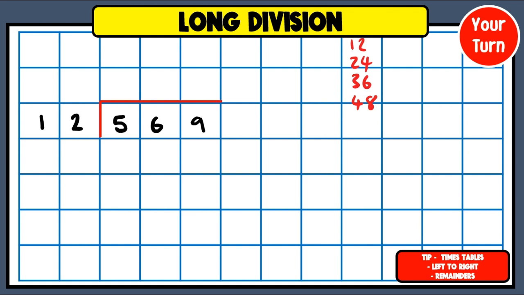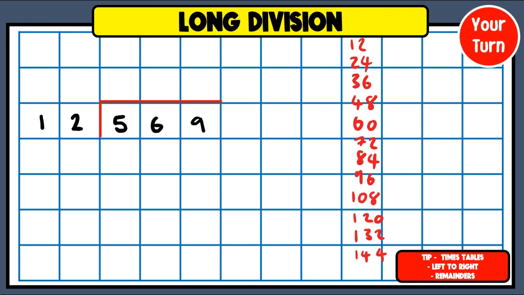If I keep going, I've got 60. 60 add 12 is 72. 72 add 12 is 84. 84 add 12 is 96. Add 12 is 108. Add 12 again, I've got 10 times table, 120. And then 132. And then 144. Okay, so I've gone up to 12 there.